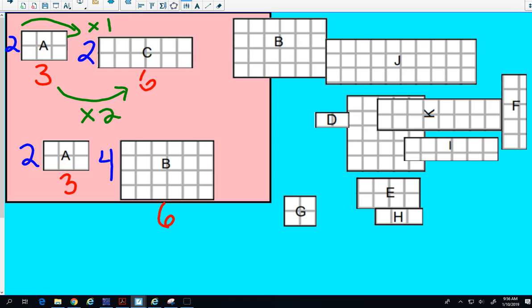Look at the relationships between the side lengths. Which one seems to be similar? One is similar and one is not. So talk about it in your groups.